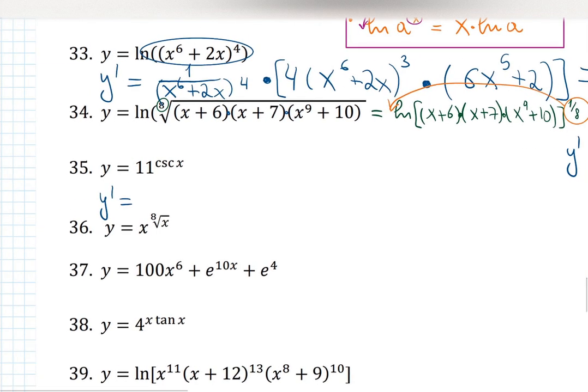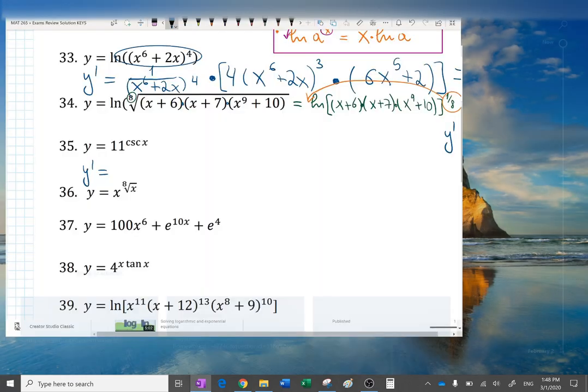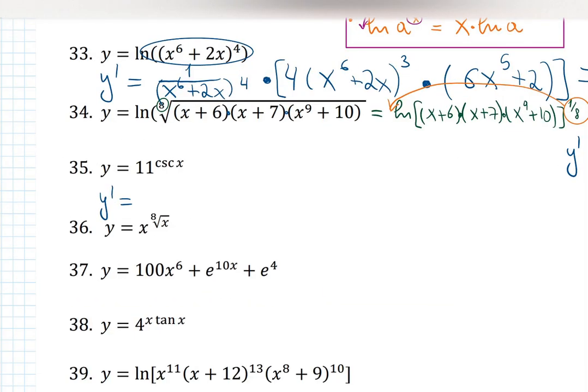Let's do it. I know that it's an exponential function. So I'm going to copy it. It's going to be 11 to the cosecant of x times, since the base is not e, I will have natural log of 11, the base is 11, times, what else is missing? We never differentiated cosecant.